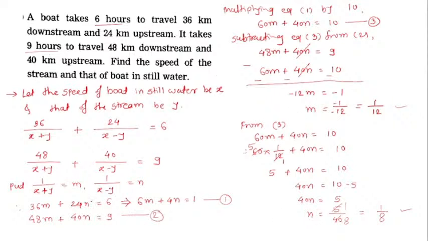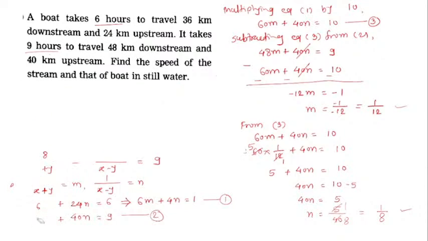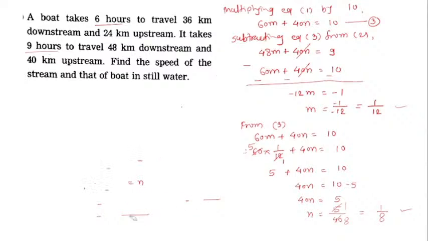Okay, now let's have the substitution for these two, m and n, to find the values of x and y. So we have assumed that value of m to be 1 divided by x plus y.